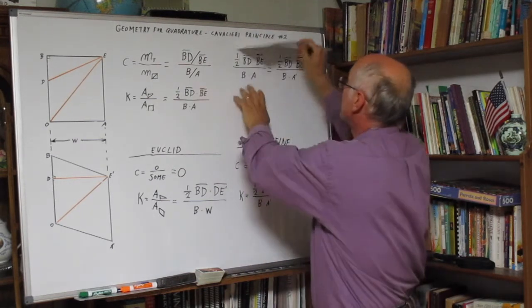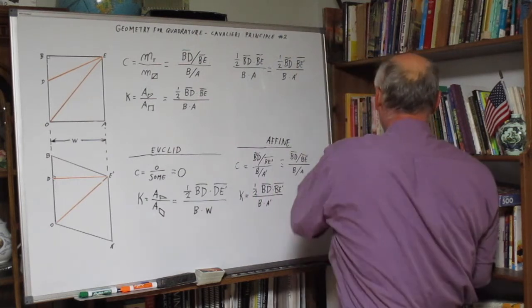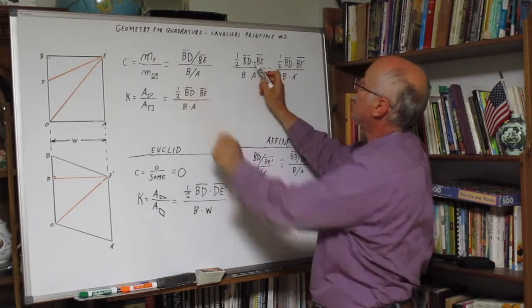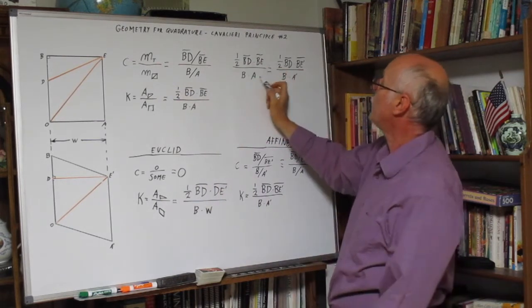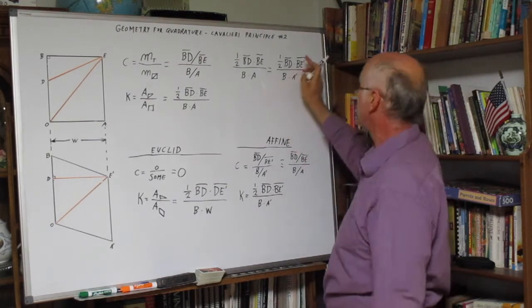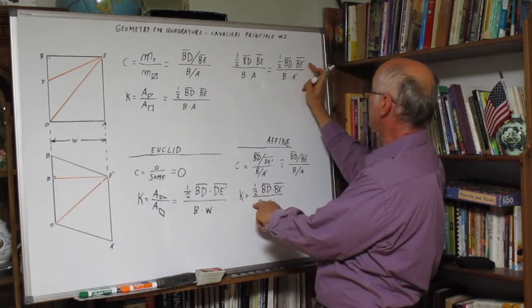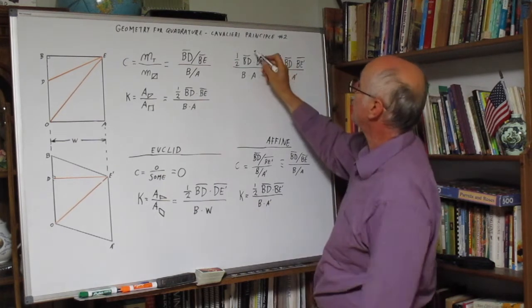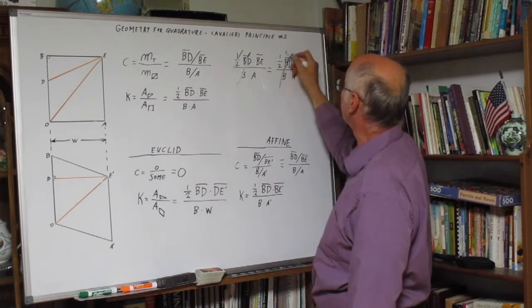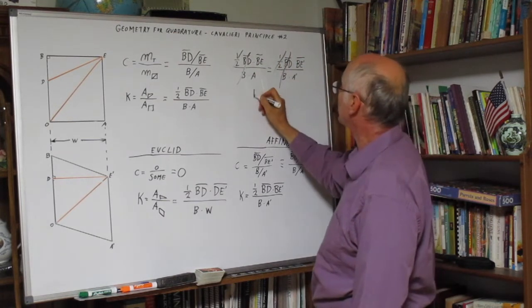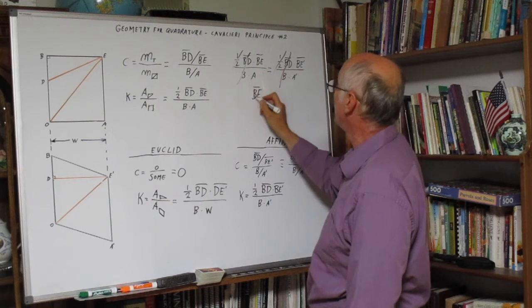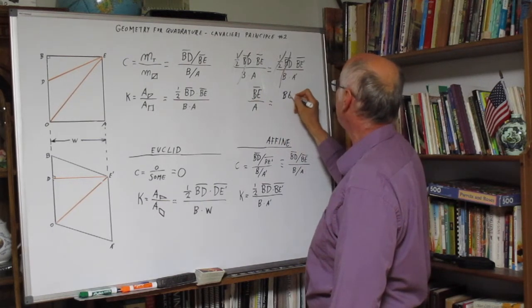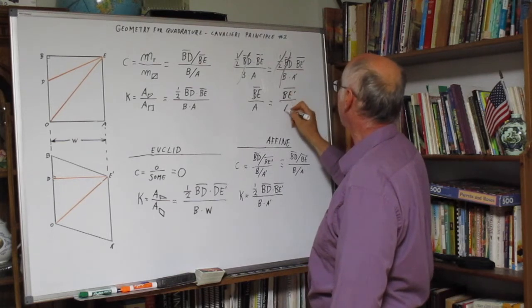And so what can we conclude? Well, 1/2 BD times B over B times A must equal 1/2 BD times B prime over B times A prime. We can cancel this out, and all we have left is BE over A equals BE prime over A prime.